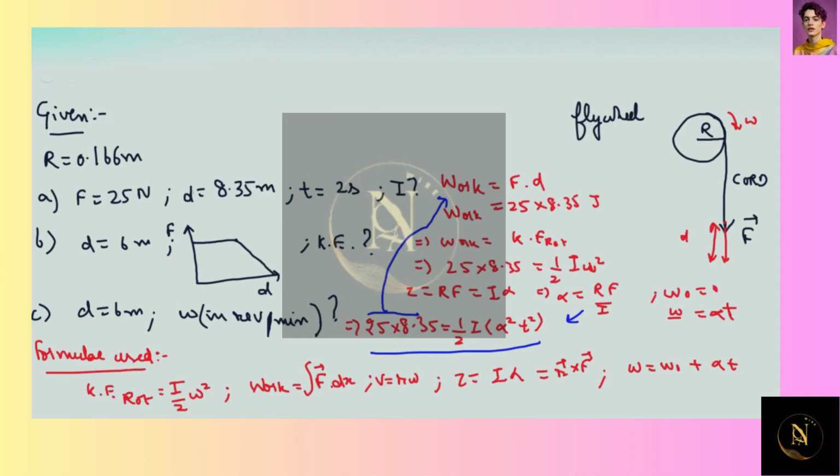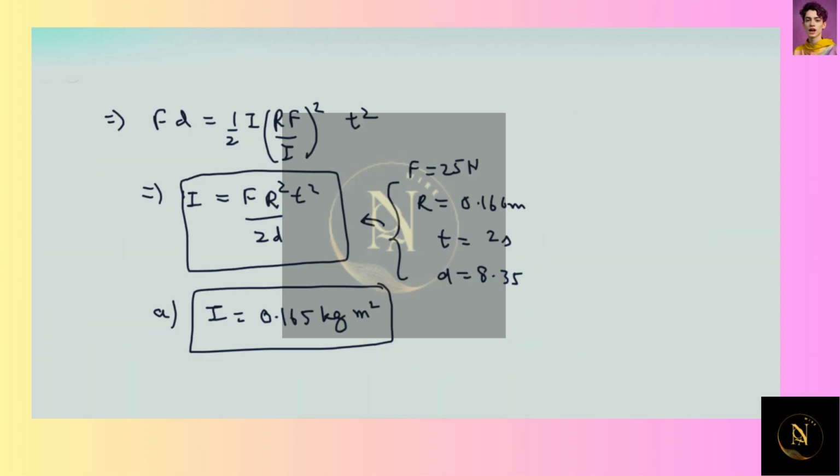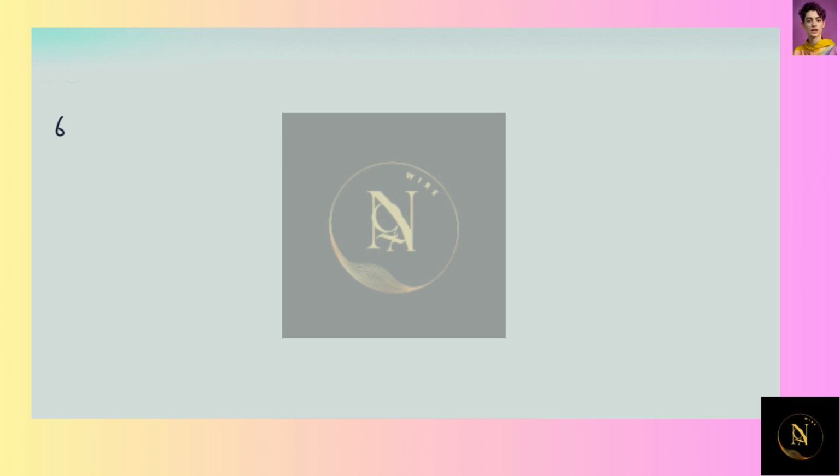Now going to part B. So we have this graph of force versus distance. You have to look at the graph very carefully. This graph has a value of 60 here, and this is at 3, this is 2, and this is 6, and somewhere 4 between them.